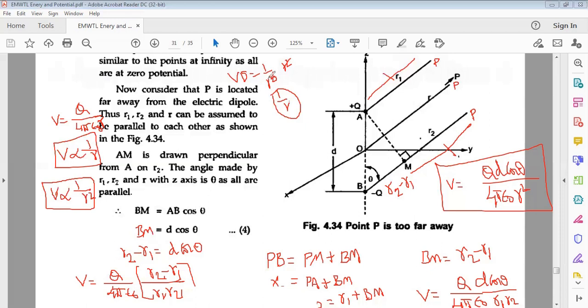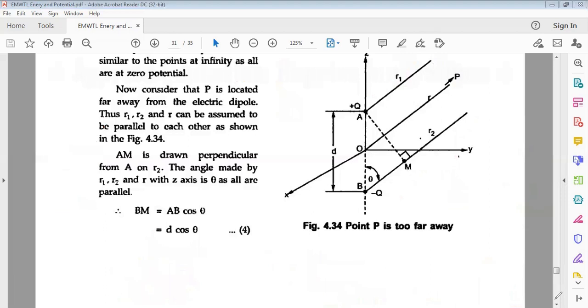In the electric dipole, the potential is proportional to 1 by R square. Q, d, cos theta and 4 pi epsilon naught together are a constant. So V is proportional to 1 by R square, where R is the distance from the origin to the point P. Okay, my dear students, now see.